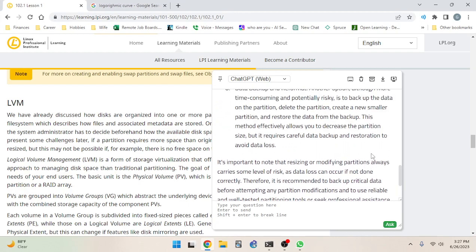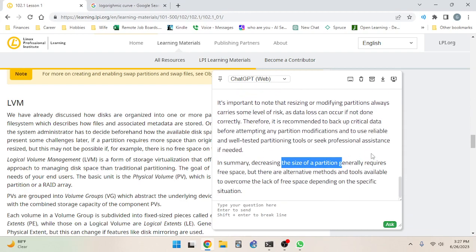So there are workarounds you can use, but in order to store the size that you want to shrink the partition to, you have to add data to the disk that tells the operating system or the tools you're using what size you want to shrink the partition down to. And if you're out of free space, you don't have anywhere to store that.